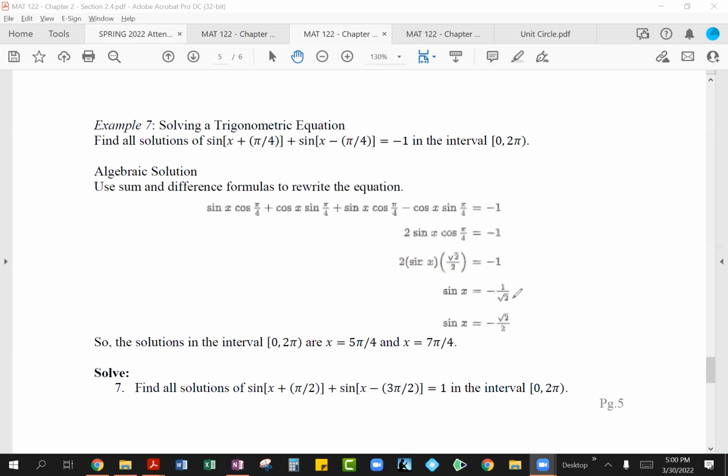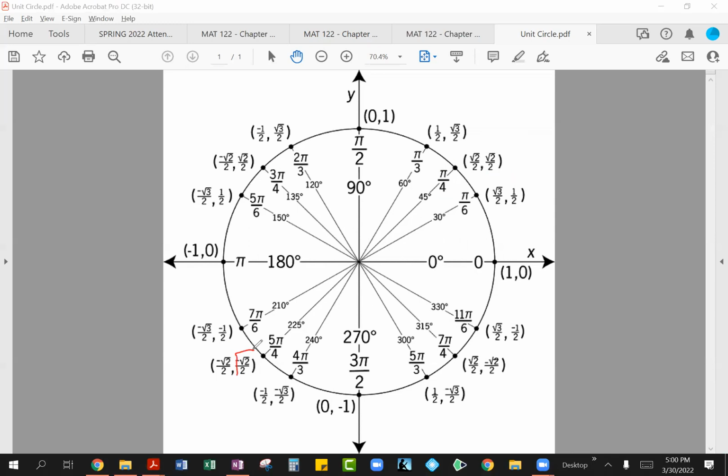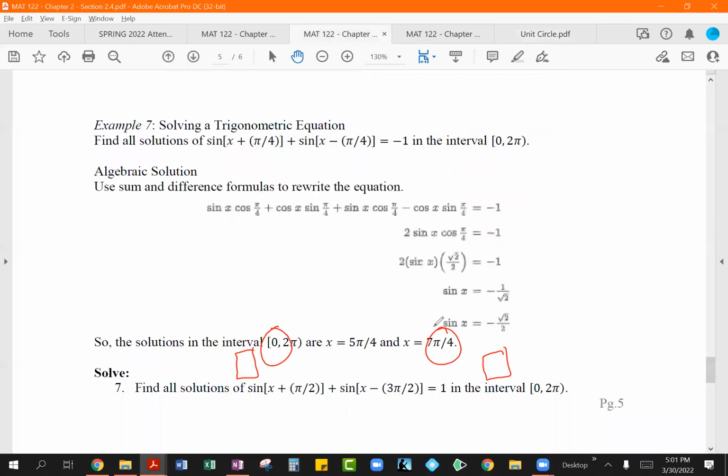And then remember again, go back to your unit circle. Where do you see the sine of x giving you negative square root of 2 over 2? And you will see that's right over here and right over here, 5 pi over 4 and 7 pi over 4. And you will see those are the 2 answers we came up with.